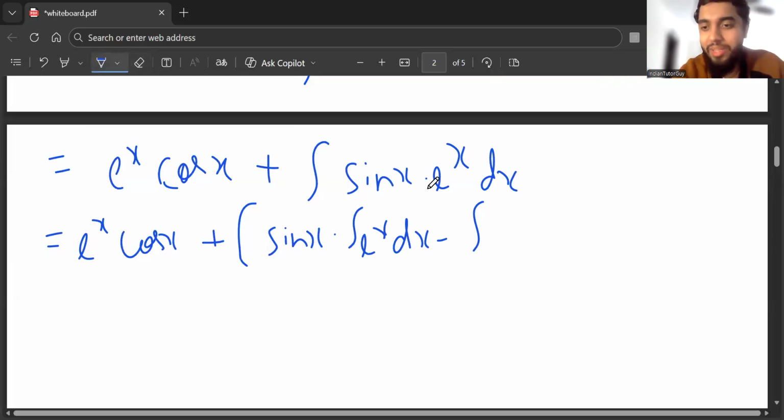So I'm just gonna apply the derivative quickly. The derivative of the first function, sine of x, is cosine of x, and then we do the integral of the second function e to the x, so that's gonna be e to the x dx.